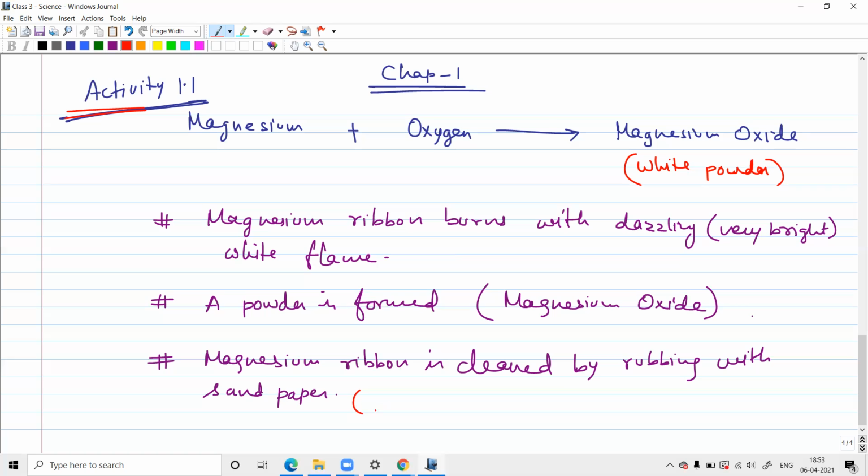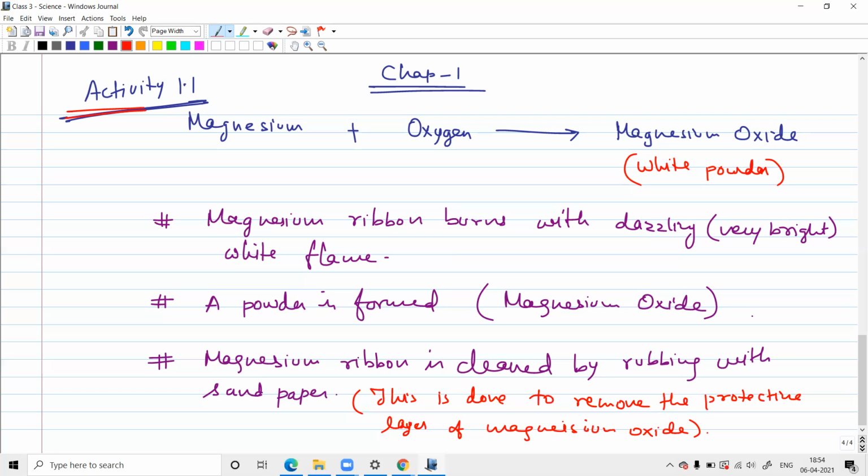So confirm all of you. Are you clear? Why do we clean it by rubbing with sandpaper? This is done to remove the protective layer of magnesium oxide.